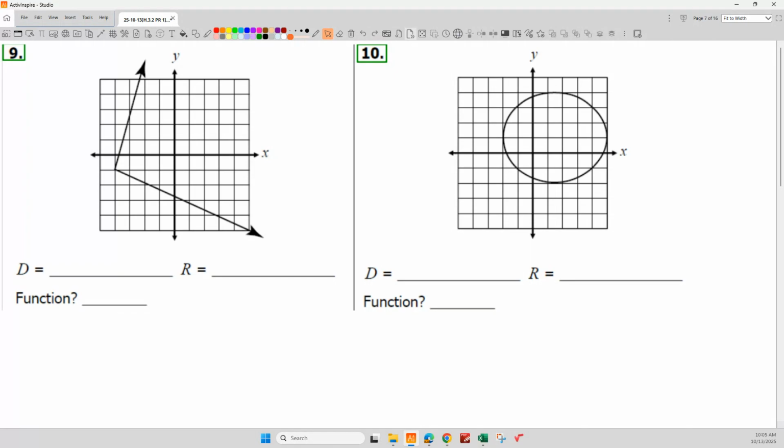Is -5 included in the domain? Thumbs up or down? Definitely not, right? The ant only goes to the left so far when he's walking on this relation. What's the leftmost point that an ant could ever get to? What x value? -4. Okay, so then what's our domain? X is what?